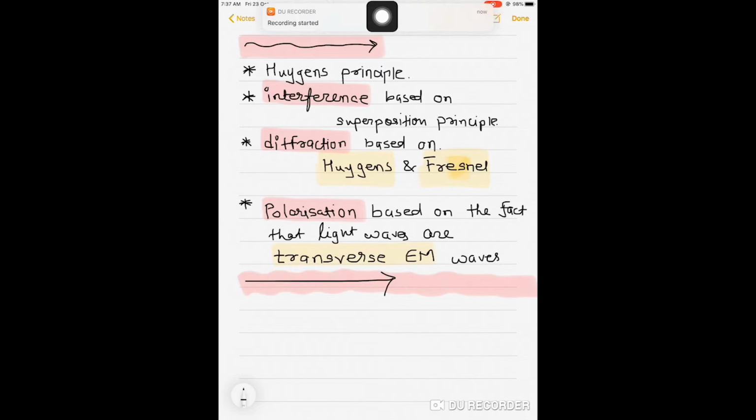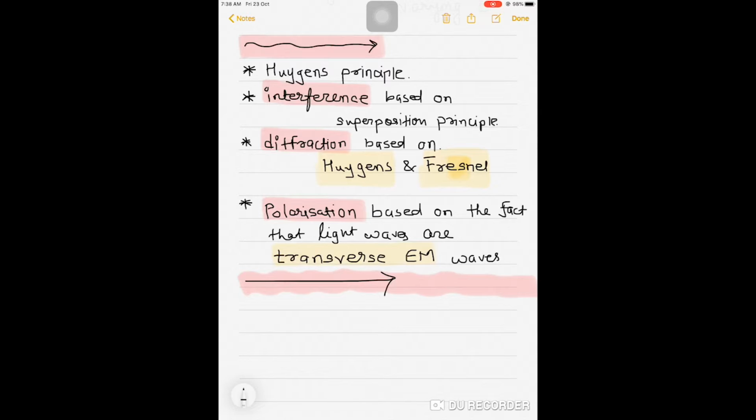Dear friend, up to now we have seen how different light models were introduced by renowned scientists. We learned that initially the corpuscular theory was introduced, then wave theory, then electromagnetic theory of light, and ultimately it was established that light is a wave and it can move in a vacuum.